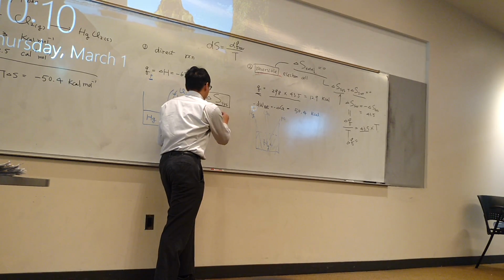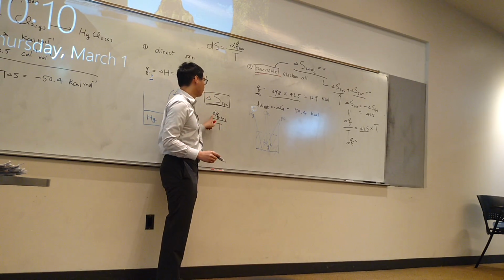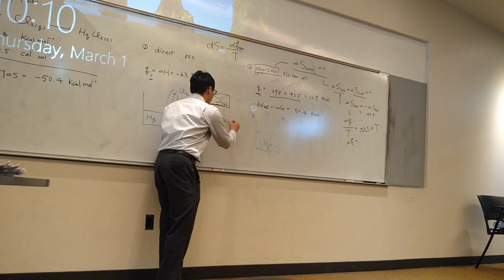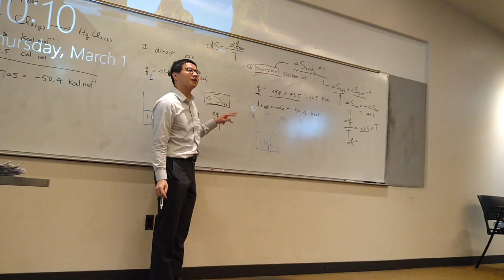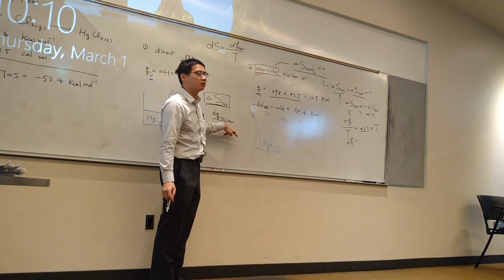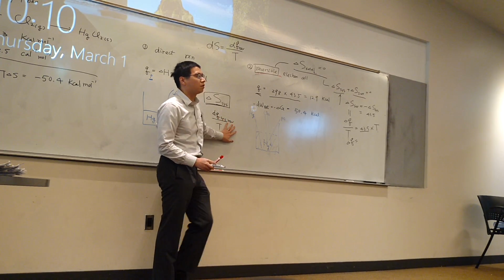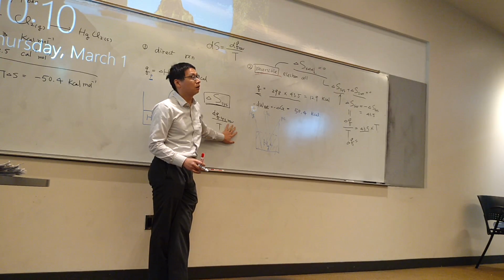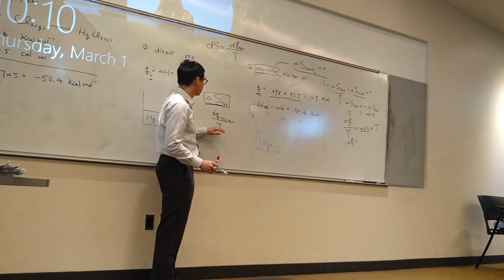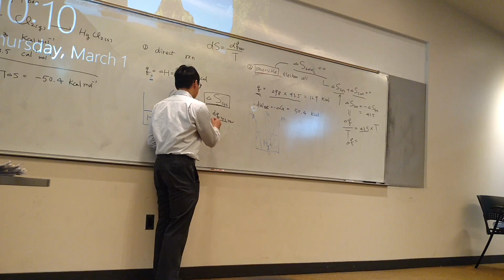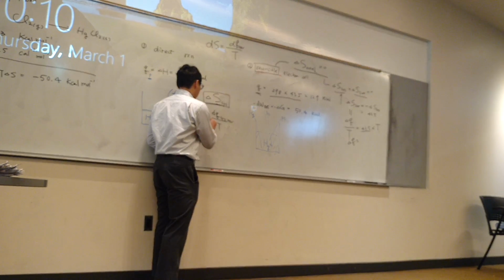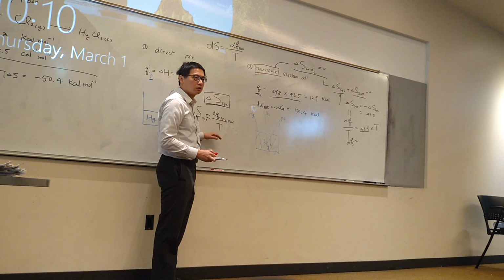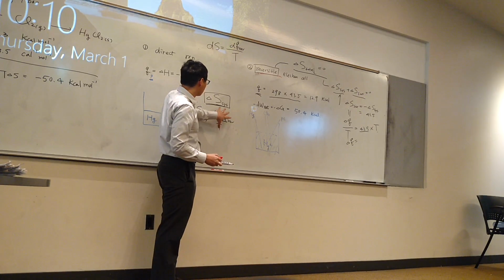The dQ of the system over T. If you can get the dQ of the system under reversible processes, then there's no problem at all. What if you don't have a reversible process? Can you use this one to calculate your delta S system? You cannot.